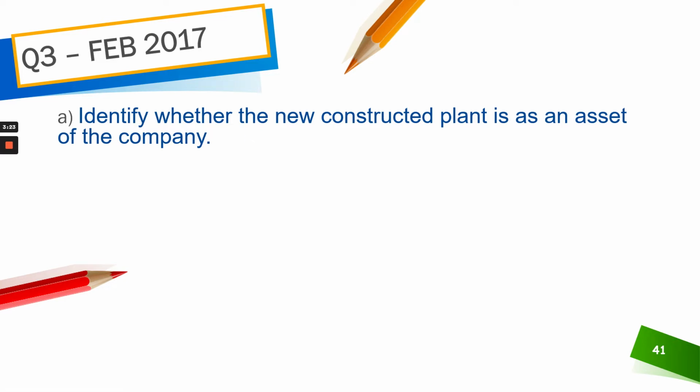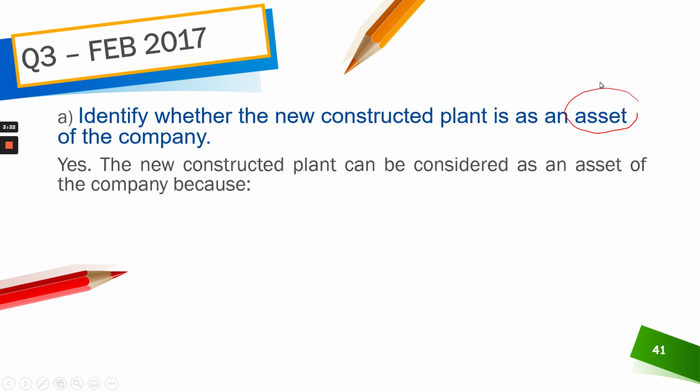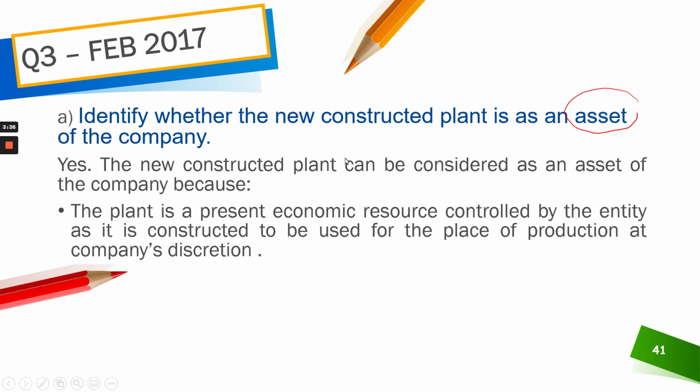So you must make sure you get it right. This is about an asset of the company. So look at the definition of asset. Therefore, a plant can be considered as an asset of the company. Recall, plant is actually the resources controlled by the entity.